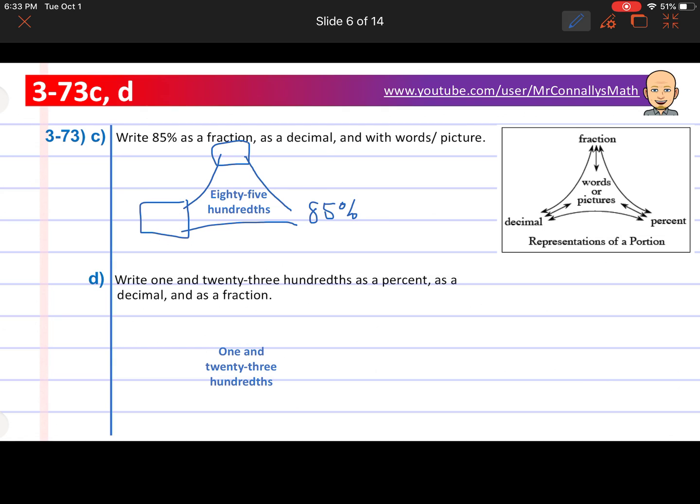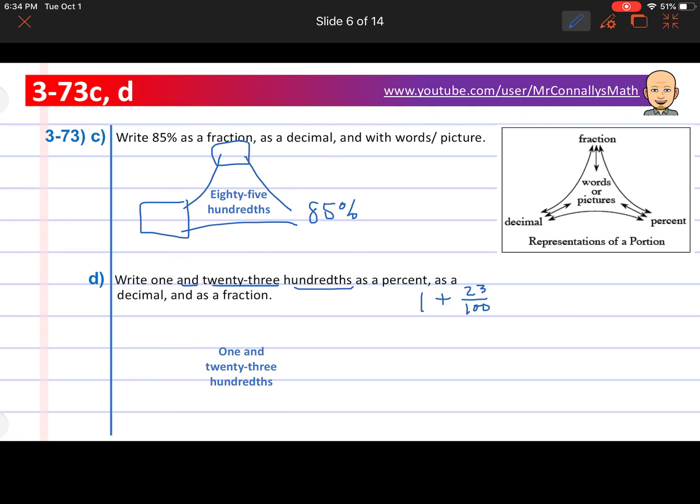All right, for D, write 1 and 23 hundredths as a percent, as a decimal, and a fraction. 1 and 23 hundredths. So let's think about that for a second. It's saying 1 and means plus 23 hundredths. Okay, so 23 hundredths means 23 over 100.